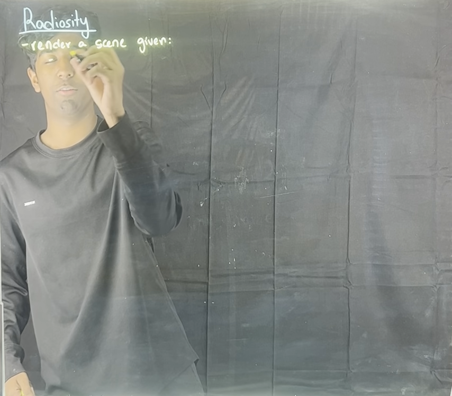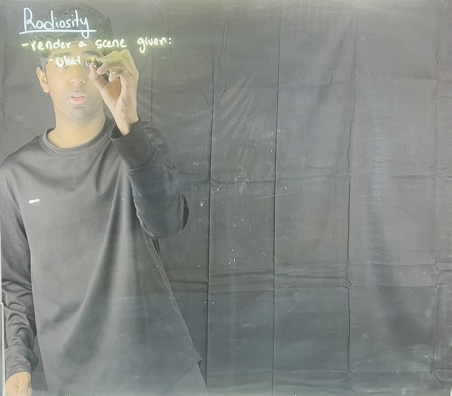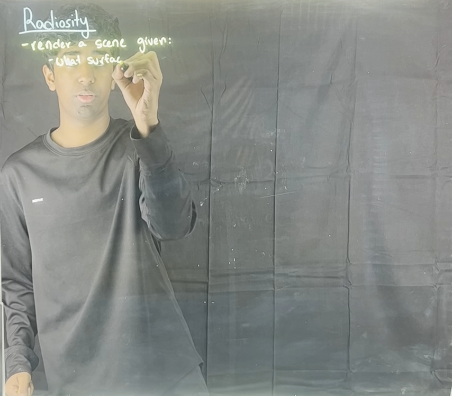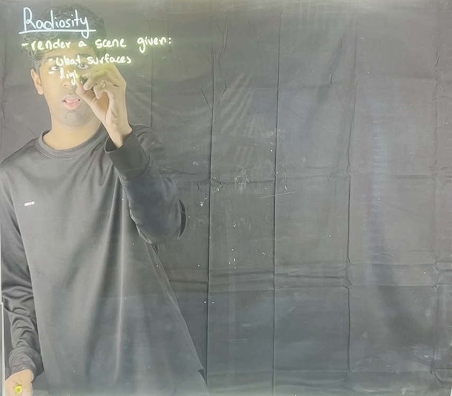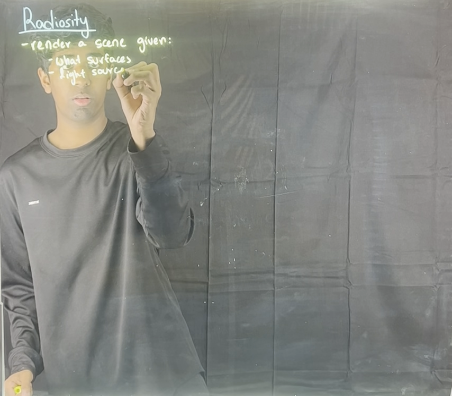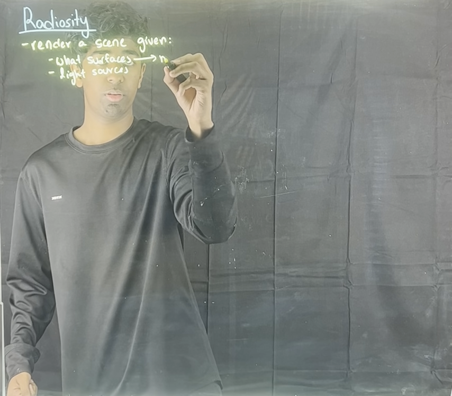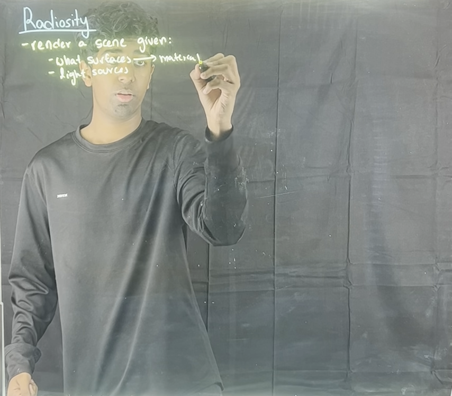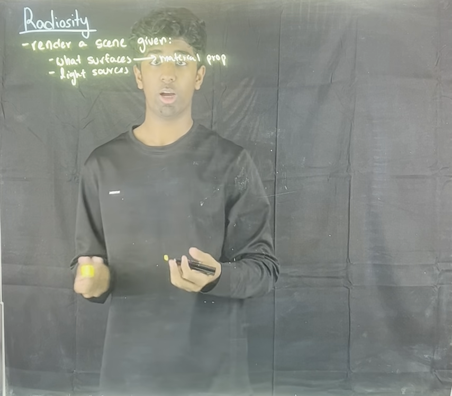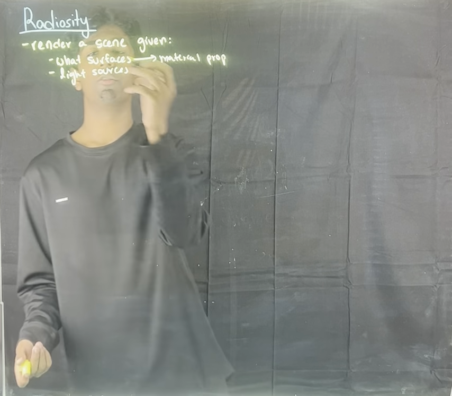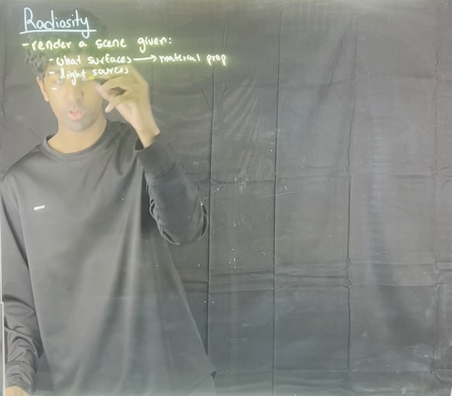So let's say we might know stuff about what surfaces are in the scene, what light sources, and also maybe some material properties of these surfaces. These material properties, for example, could be absorption or how reflective a surface is. And obviously, when we're trying to render a scene, we want to know where the viewer is located. So location.